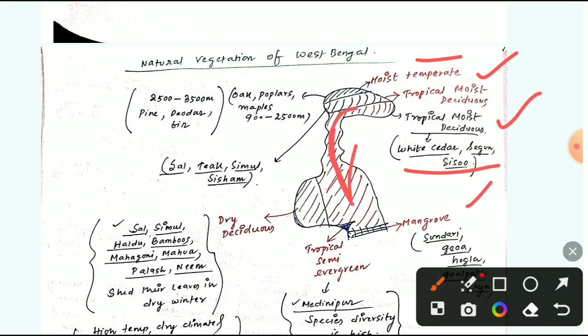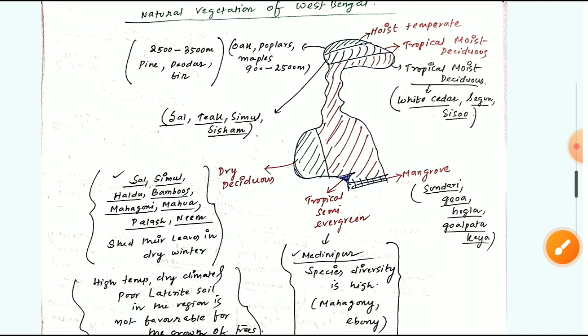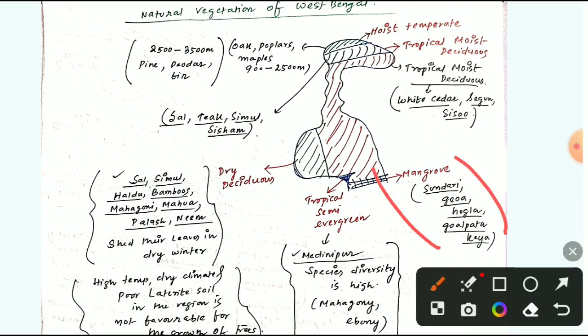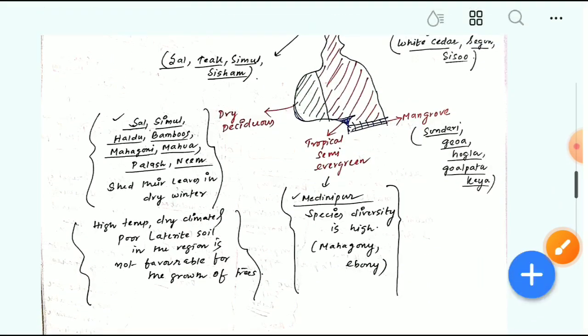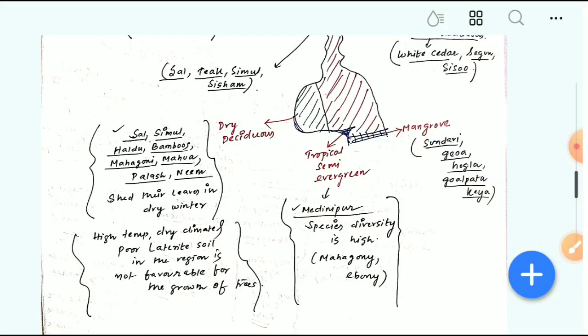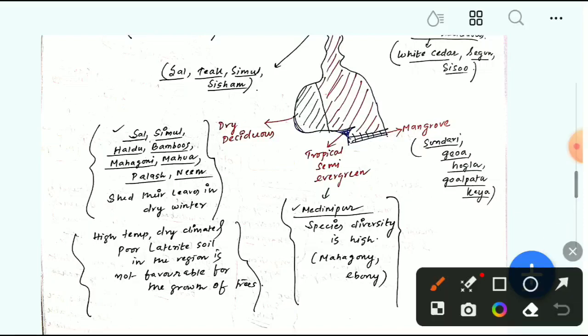In mangroves, Sundari, Geoa, Hogla, Golpata, and Keya are in the Sundarban areas. In South, tropical semi-evergreen forest is in Medinipur, where species diversity is high. Mahogany and ebony, furniture trees, are found here. Maximum is tropical semi-evergreen, and this region is called dry deciduous.